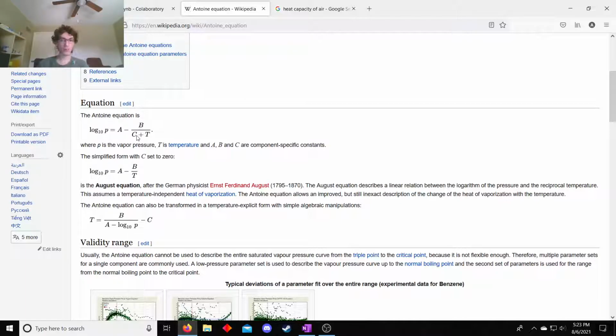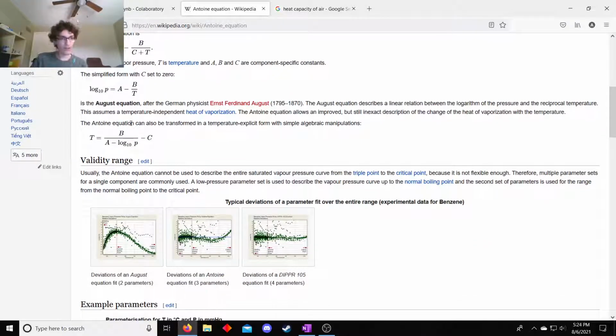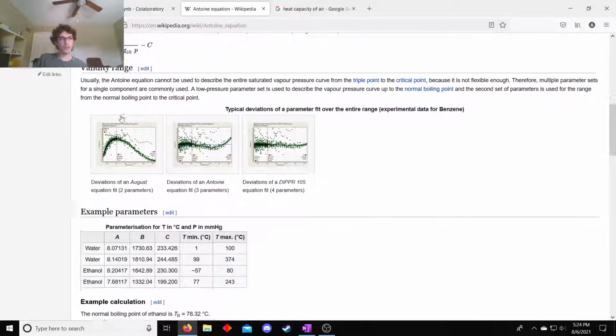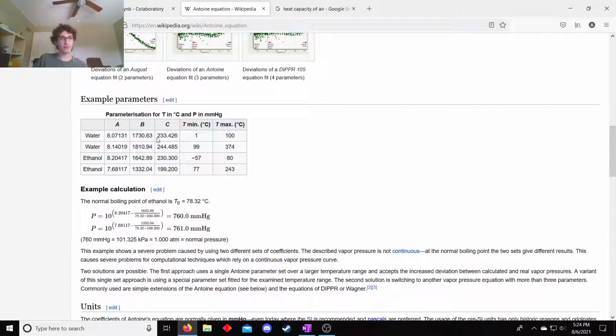It depends on what component we're talking about. If we were to solve this for pressure, it would look something like this. We have 10 to the power of A minus B divided by C plus our temperature. Our temperature is in Celsius and it gives us a pressure in millimeters of mercury. So I'm just going to copy and paste these over.